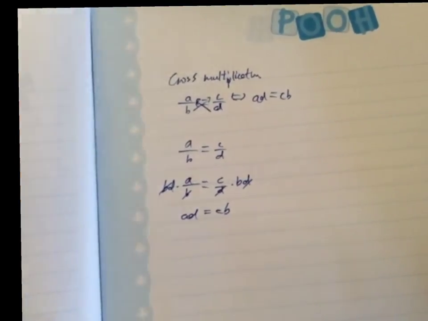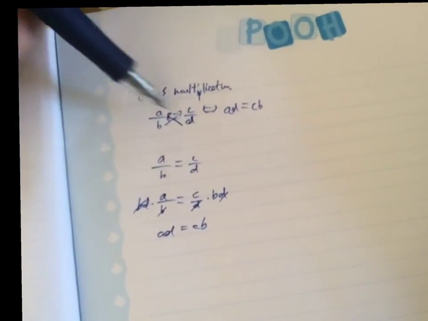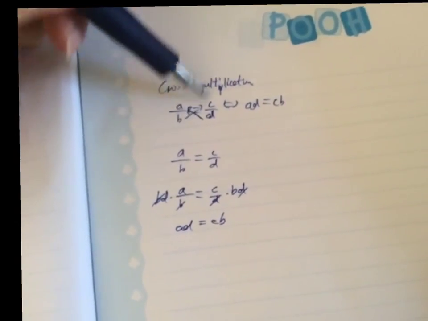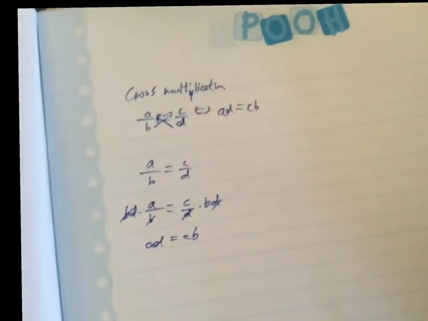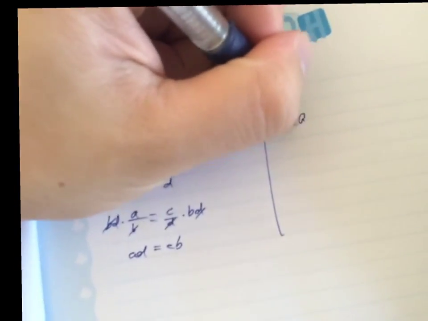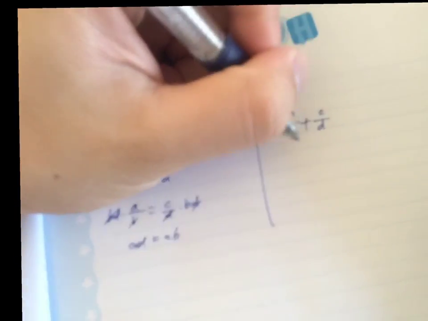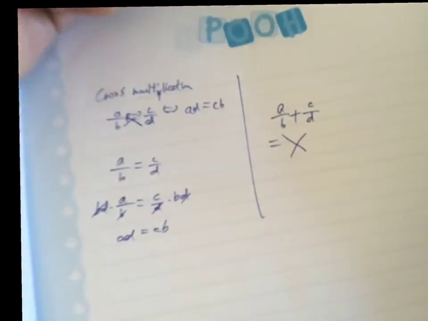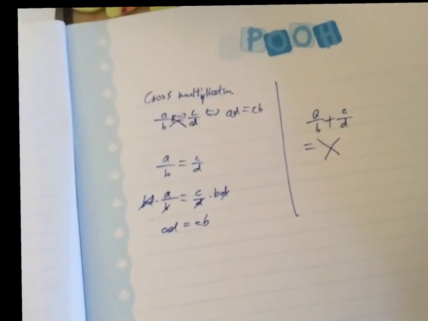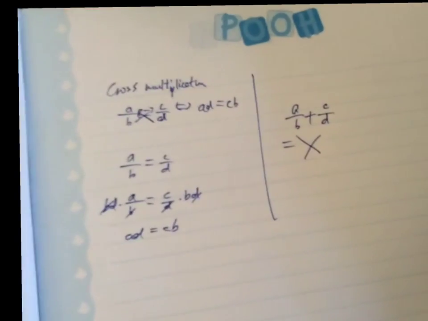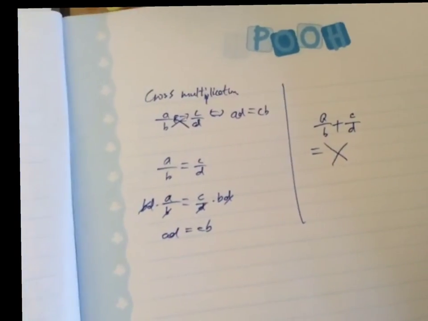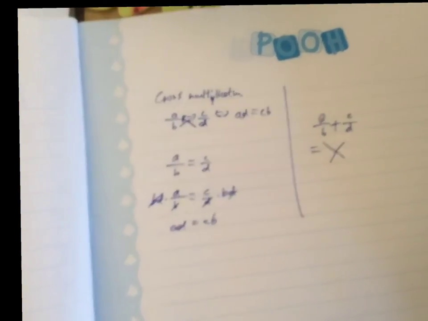So it is like just multiplying the denominator when it's equations. It's for equations only. For addition of fractions, no such rules apply. So we are back to this one.